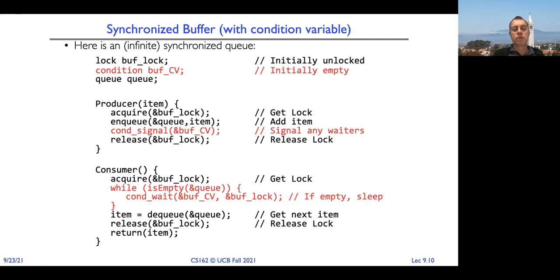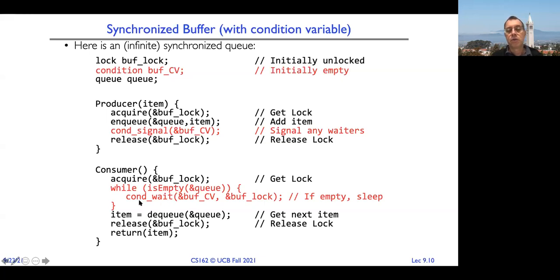So you signal it, and then in the consumer, while it's empty, you look at the queue to see whether it's empty, right? It's in the critical section, so it's fair to look at the queue because no one else will modify the queue while you are in the critical section operating on the queue.